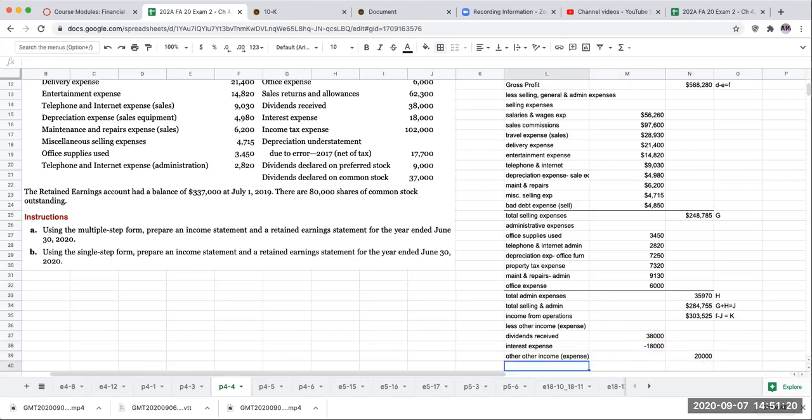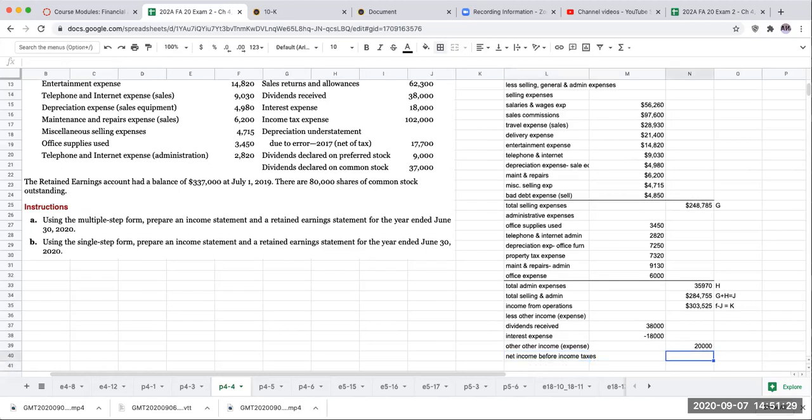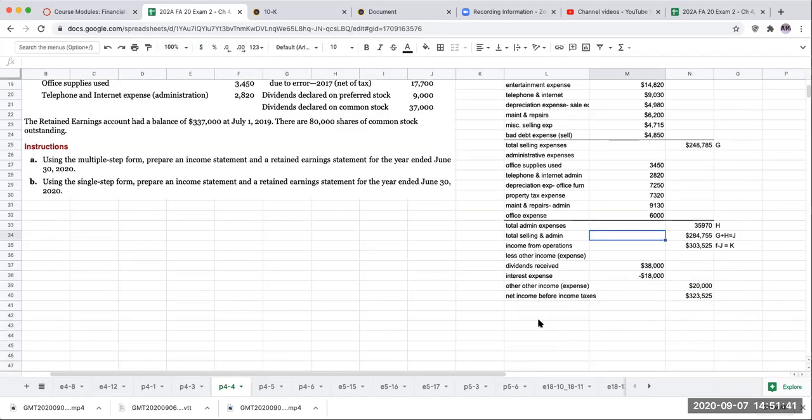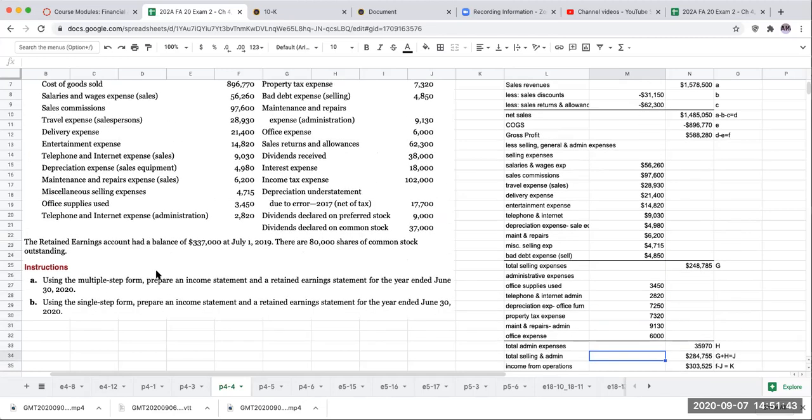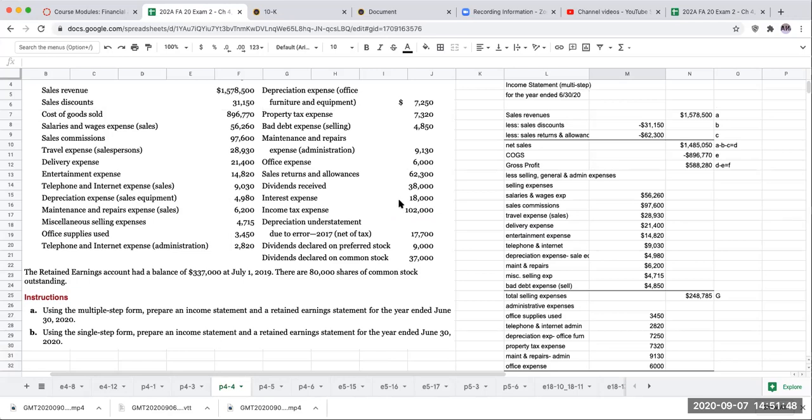$20,000. So our net income before income taxes is going to be $303,525 plus this $20,000 here. And now, what is my income tax rate? It actually just tells me what the income taxes are.